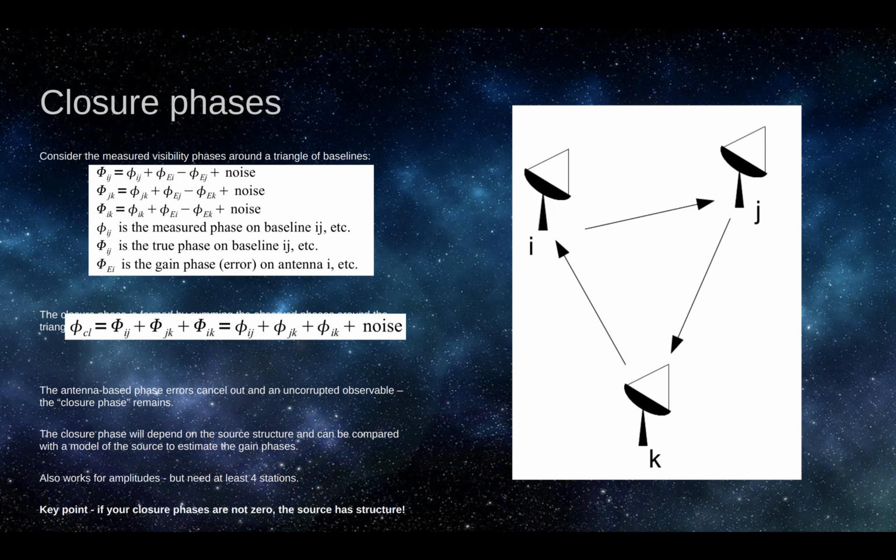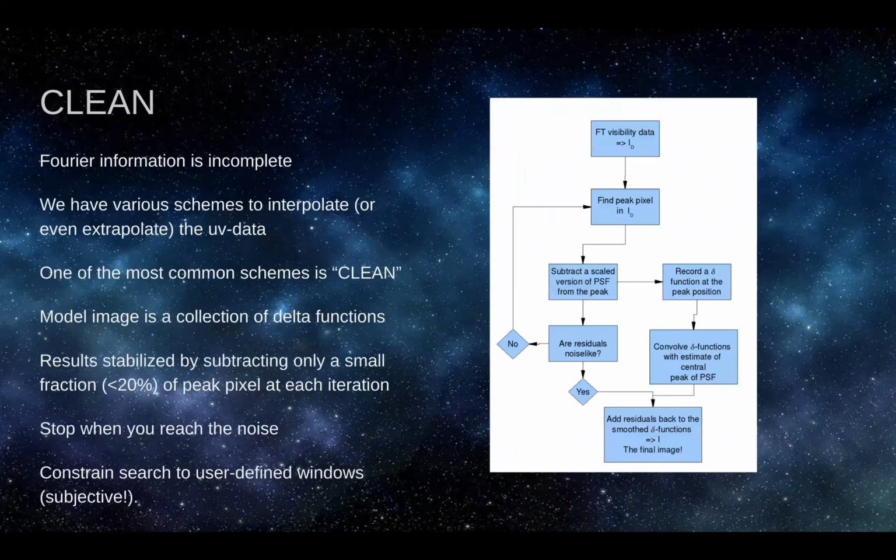Actually a super powerful technique. If you measure your closure phases and they are 0, you don't detect anything. But if you do see some closure phases, that means there is some structure. What the structure might be is a little hard to say, but we do have some structure there. We can even look at that in the diff map, believe it or not.